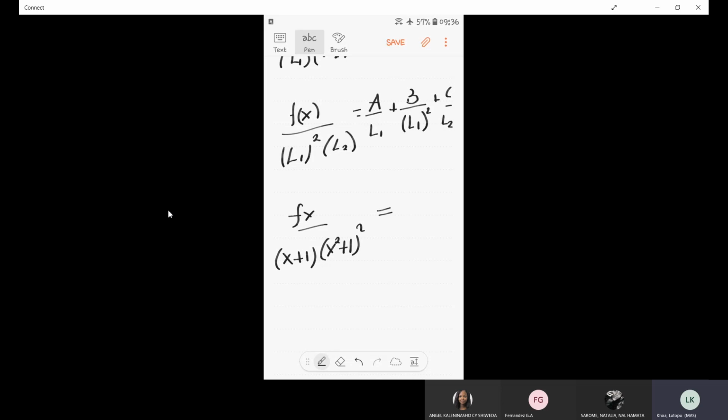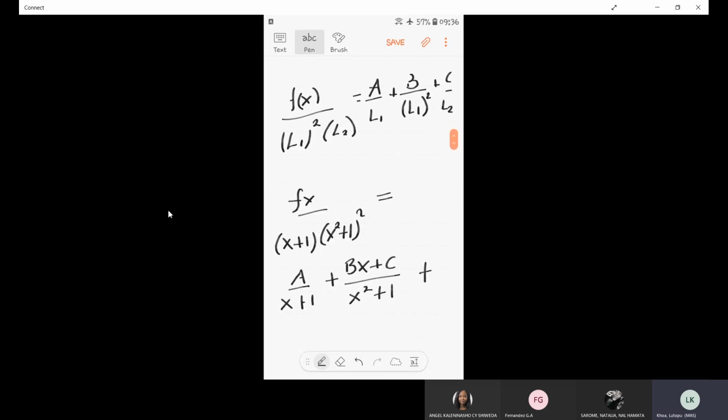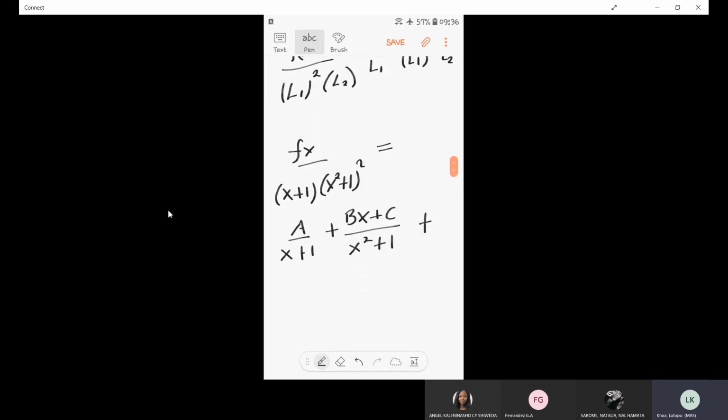What I will do is I will rewrite this as A over x plus 1 plus Bx plus C over x squared plus 1, and then I will say plus Dx plus E over x squared plus 1.